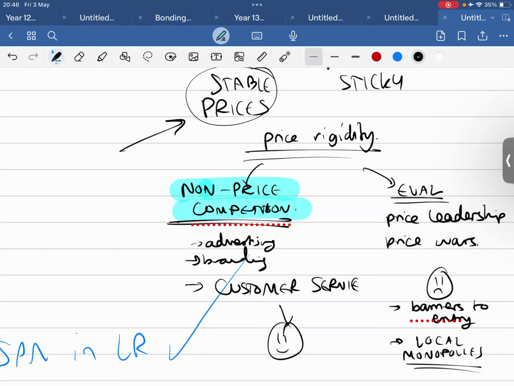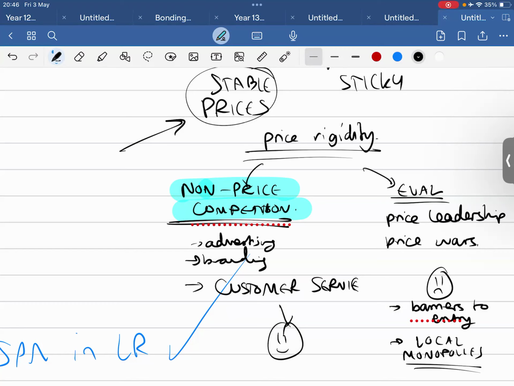So for the local monopoly point, you're saying that oligopolies normally do non-price competition, but in the local monopoly case the prices can be higher because they don't really have any competition. So they can hike up the prices and nobody can do anything about it. Perfect, exactly.